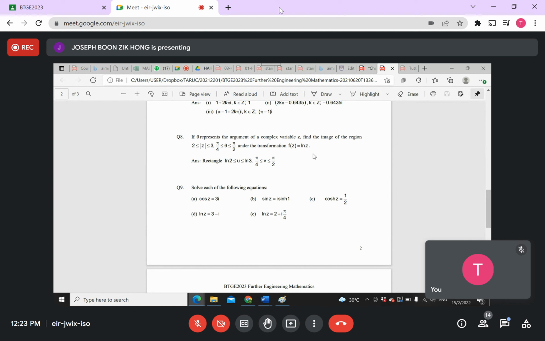Okay, so now we'll have a look. Number 8. If theta represents the argument of complex variable, find the image of the region under the transformation. This one is just simple.